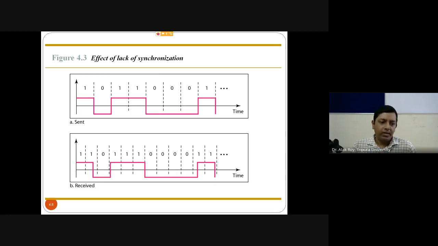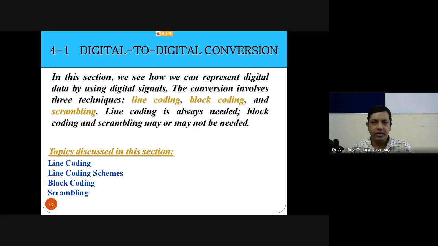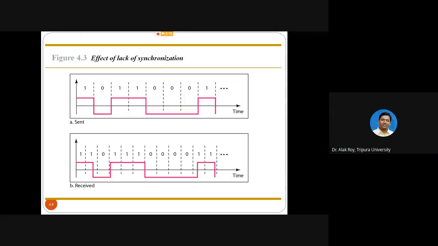So the main question here is why to use line coding. If we do not have line coding, see what will be the problem. Say you are sending 10110001, with bitstream high, low, high, high, then continuous 3 low and high. If you do not use synchronization, then what happens?